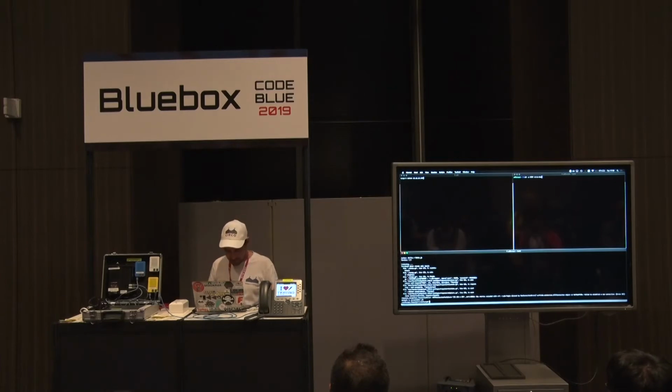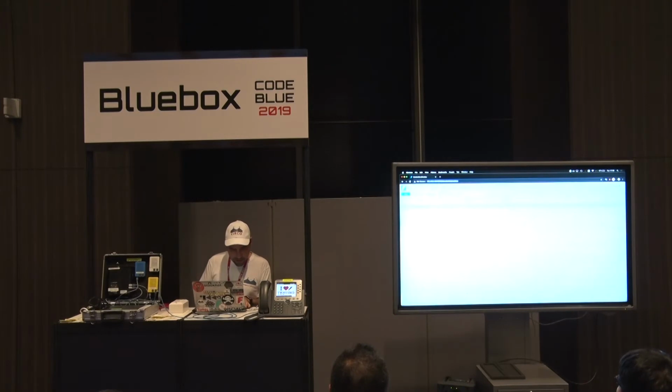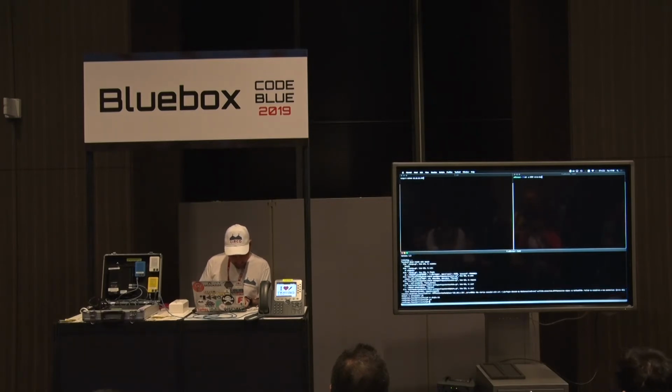Give me a second. Yeah, the credentials will not work because I'm not connected at home. The server is not here, so let me remove the integration.